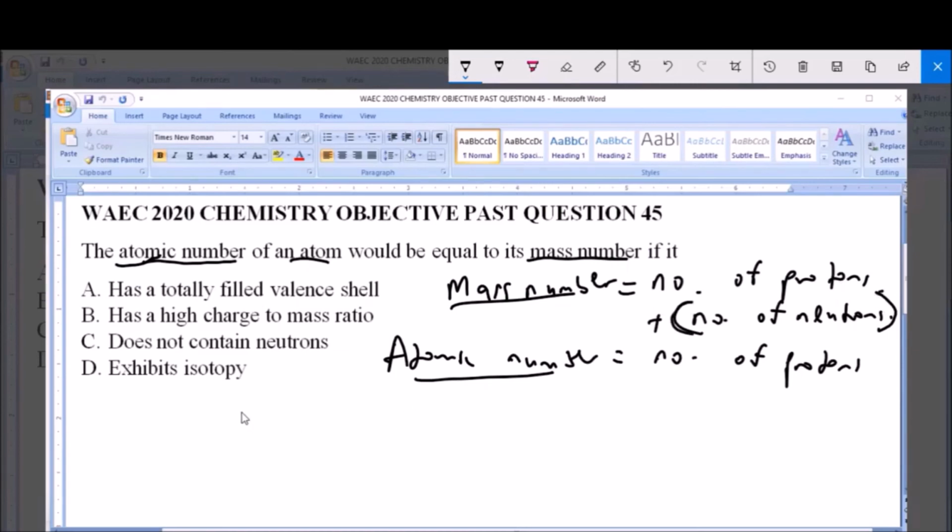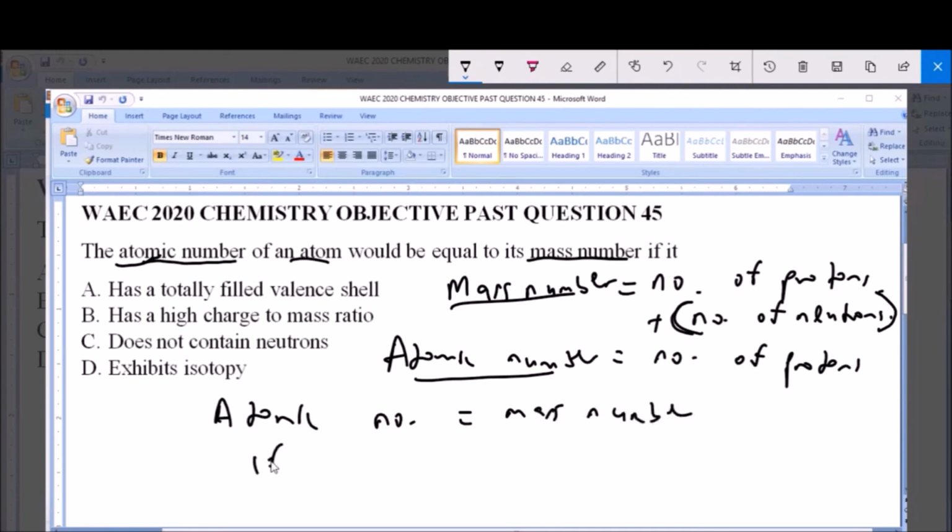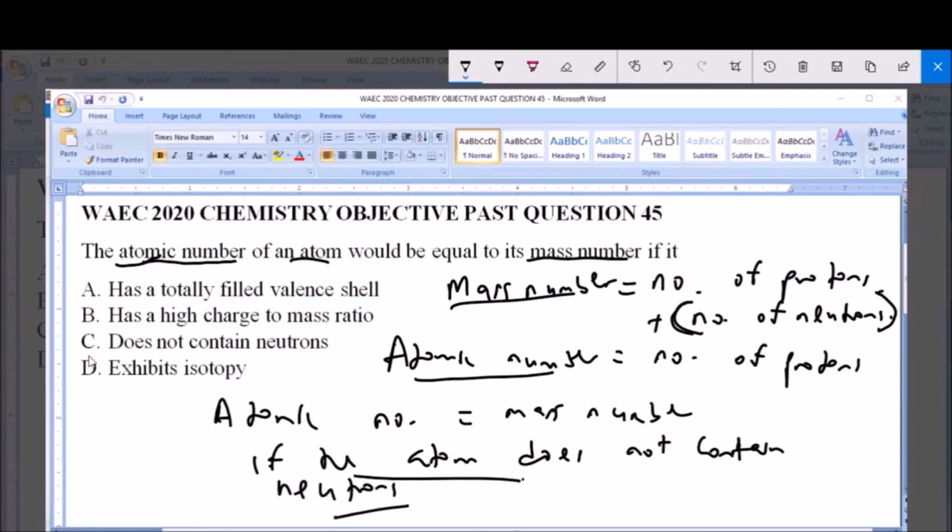So the only condition where atomic number will be equal to mass number is if the atom does not contain neutrons. So as we have seen, does not contain neutrons is option C, which is the correct answer to this question.